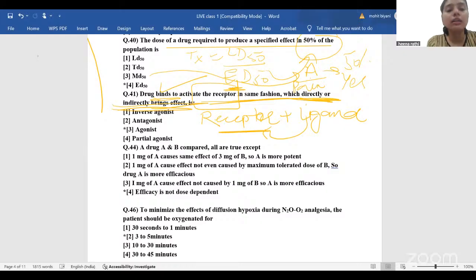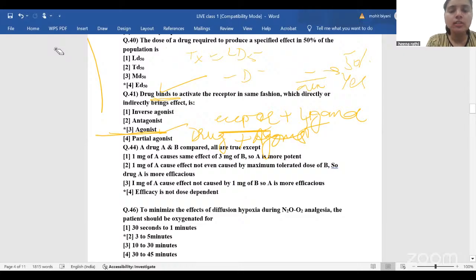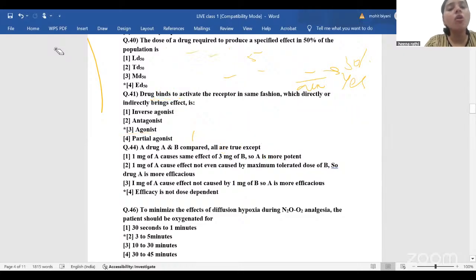If it is directly bringing the effect, then it is an agonist, which has the same effect as the physiological signal molecule. What is an antagonist? An antagonist is not going to have the opposite effect of a drug.